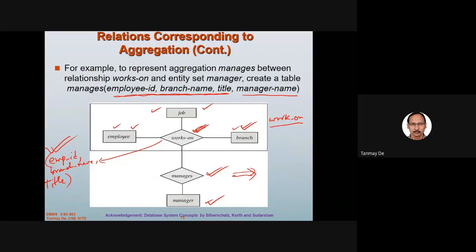This is the primary key of work on relationship. Okay, is it clear? So just a minute. So finally, for the managers, what are there?